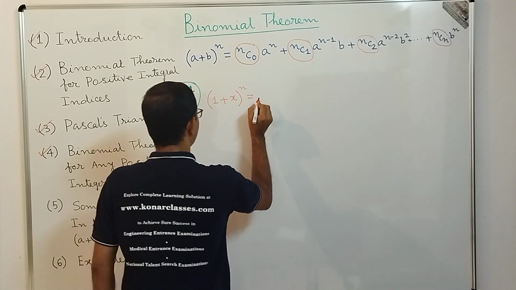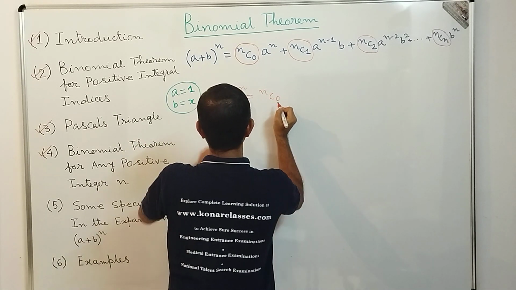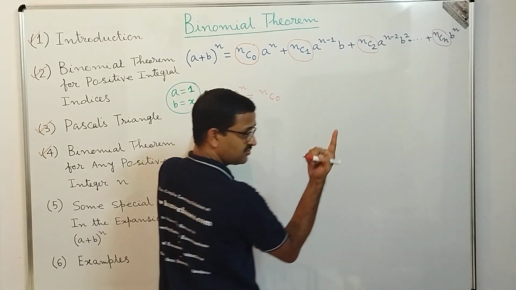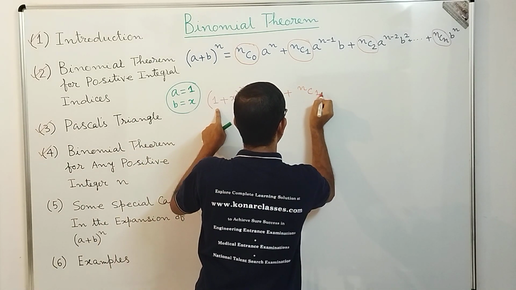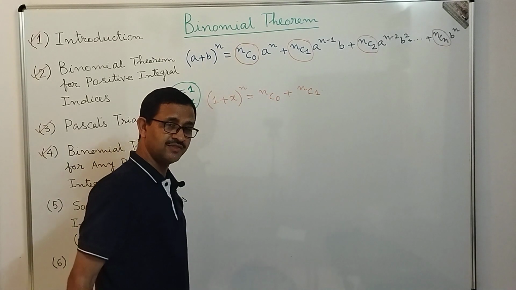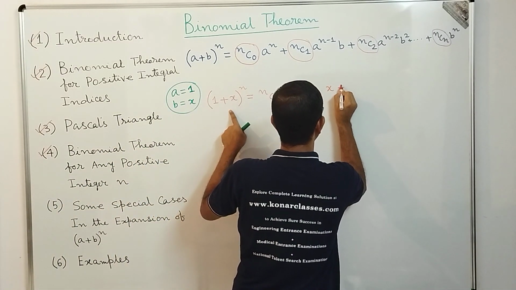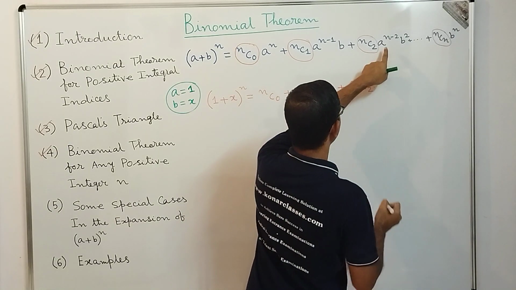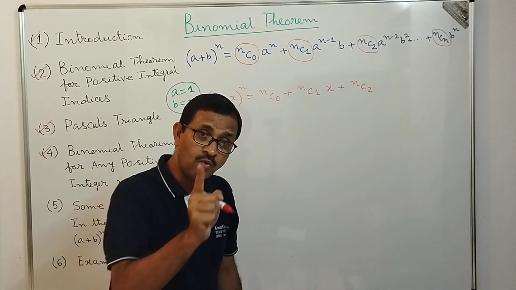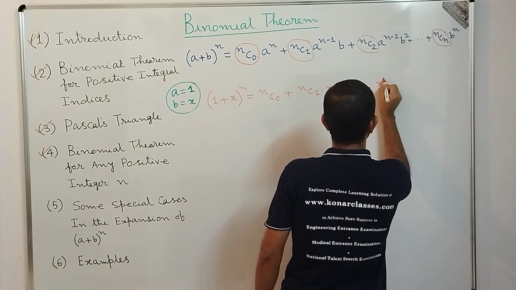1 plus x power n means nC0 into a power n, that means 1 power n, which is 1, plus nC1 into 1 power n minus 1, that is 1 into b, and b is x. So nC1 into x plus nC2 into 1 power n minus 2, which is 1 into b power 2, that means x square.